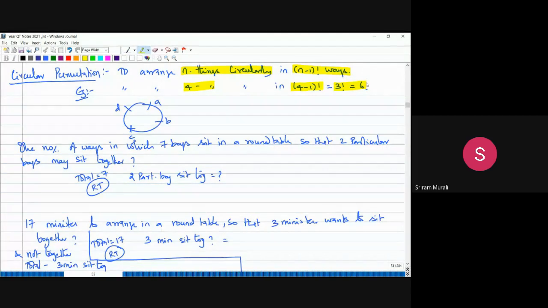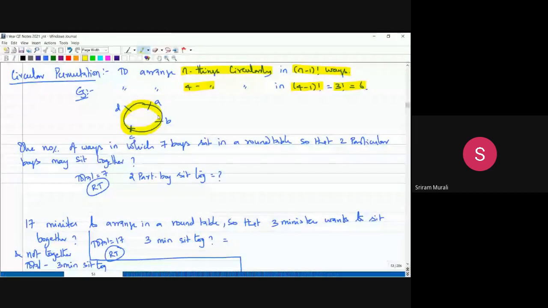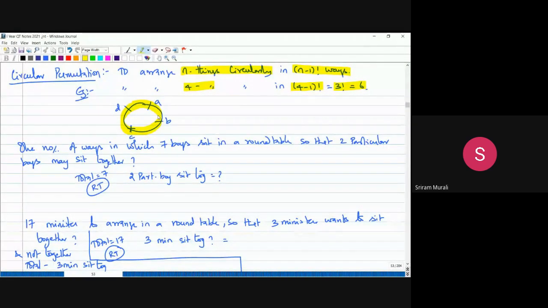Why are we subtracting 1? In the circular arrangement, you can have 4 elements, 4 persons. So in the round table circle, there is no start or end. You have to fix somebody as a starting point, through which we can decide where to stop.